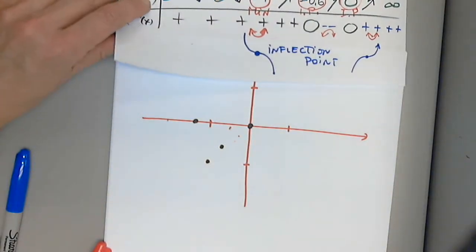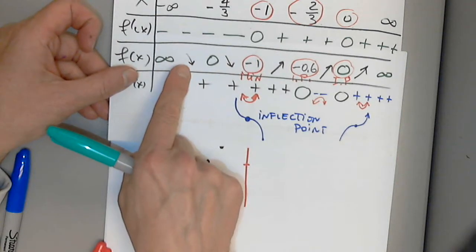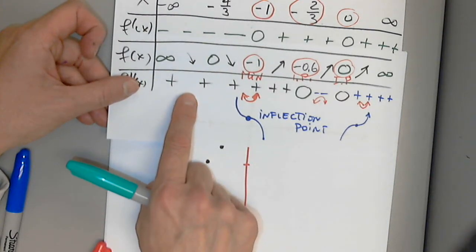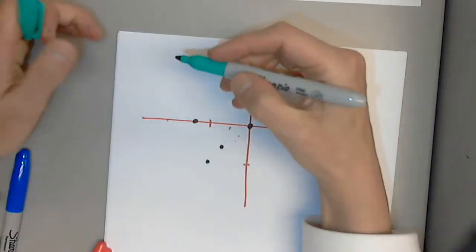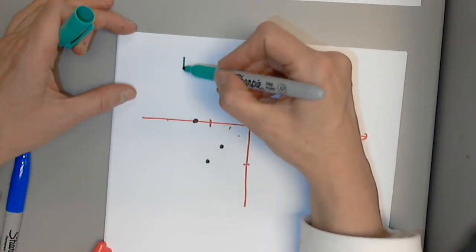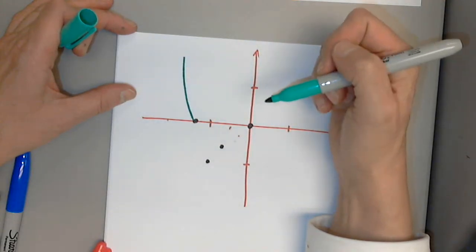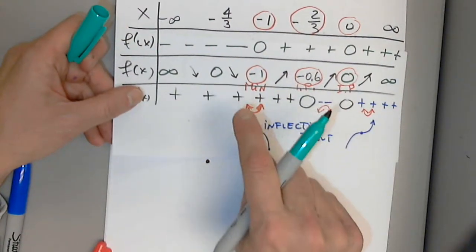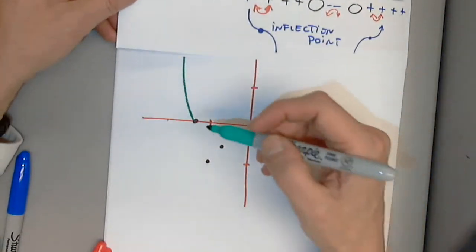Ready? Okay. From positive infinity, decreasing, opening upward to this point. Continues to decrease, continues to be upward till this point of minimum.